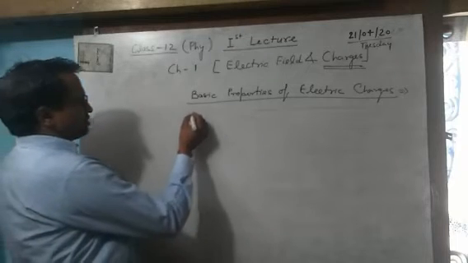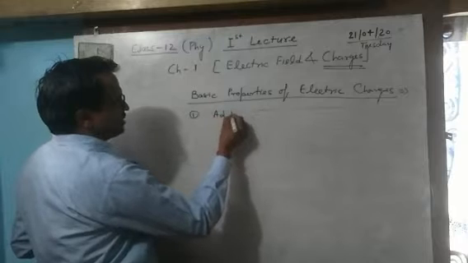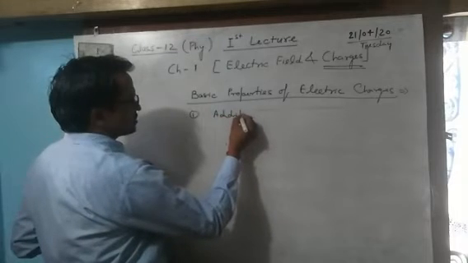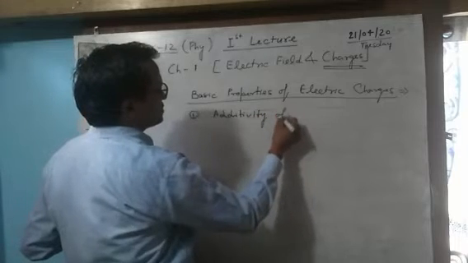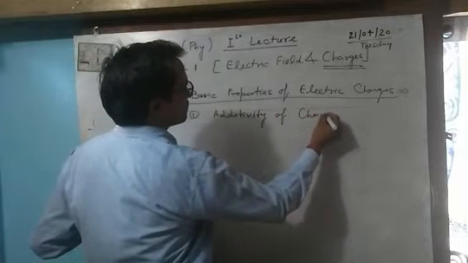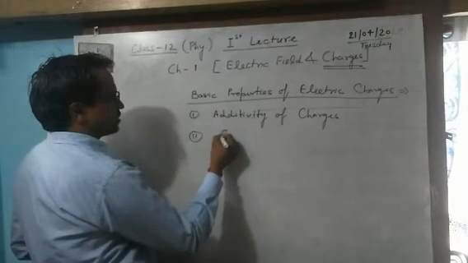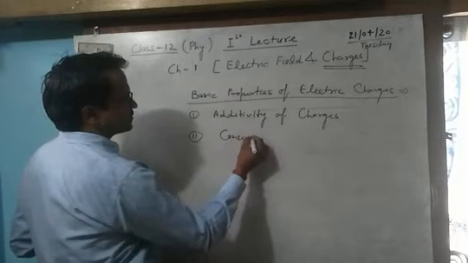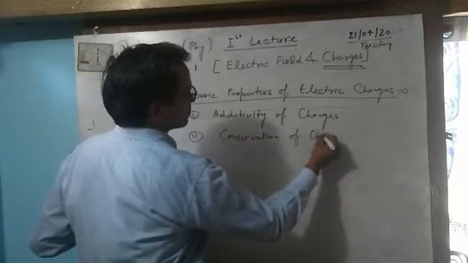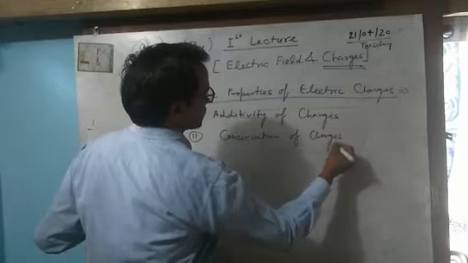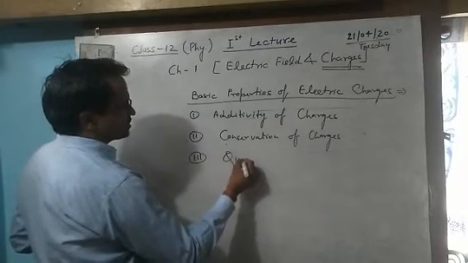So there are three basic properties. First one is additivity of charges. Second one is conservation of charges. Third one is quantization of charge.